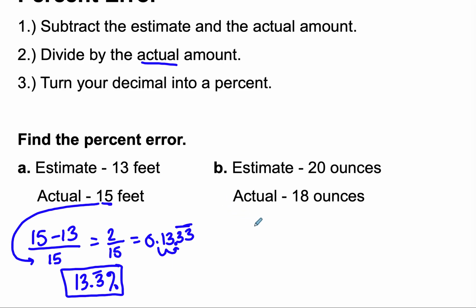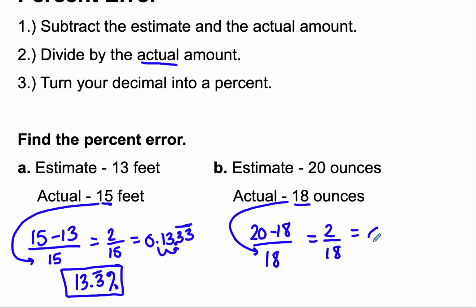All right, let's go ahead and check our answers. So we start by subtracting. I need to divide by my actual, which is 18. All right, so 20 minus 18 is 2.